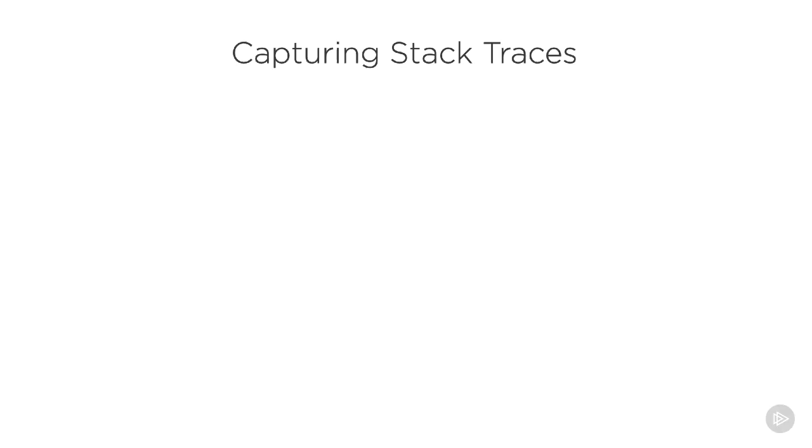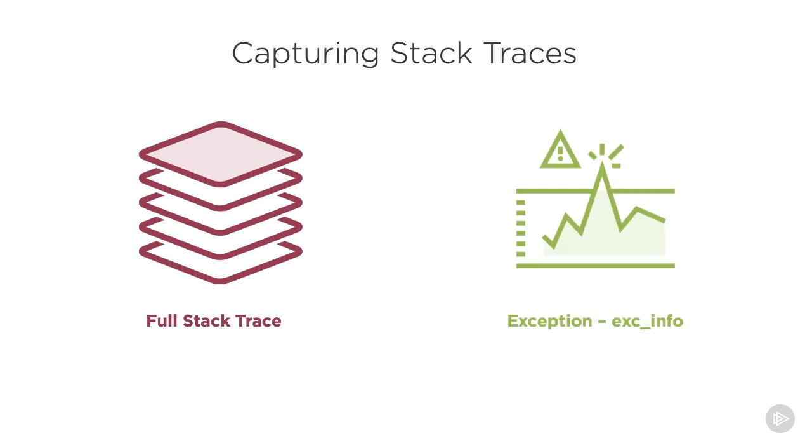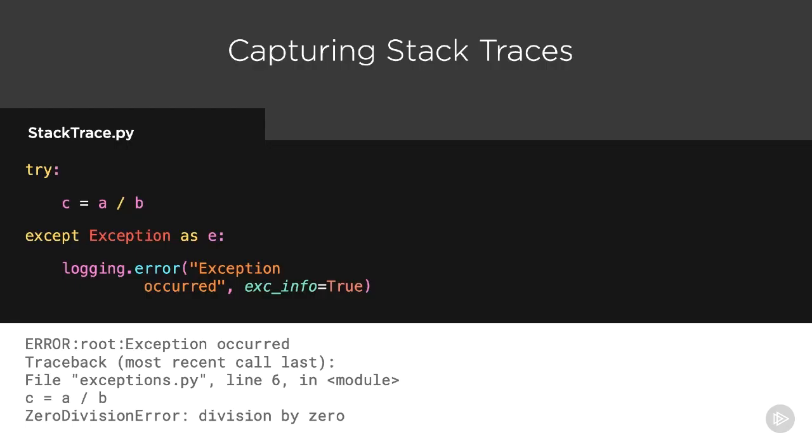As a bonus, let's discuss another great feature of this module, which is stack trace capturing. You can capture the full stack traces in an application, and exception information can be captured if the exc_info parameter is passed as true. Here you can see a complete example. We are using the try except block to catch the exception, and under the except block, I will call the logging function, and you can see its output here.